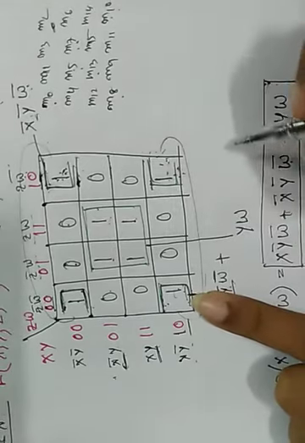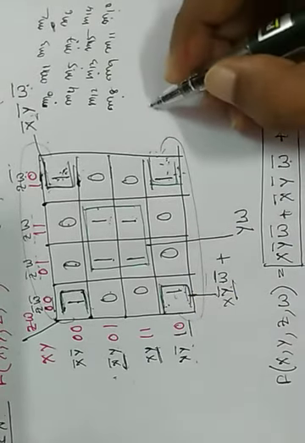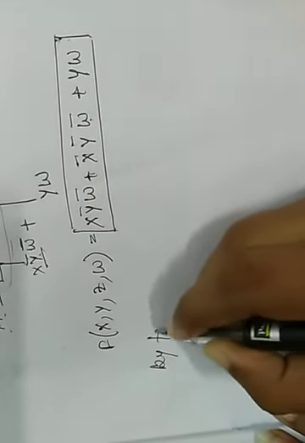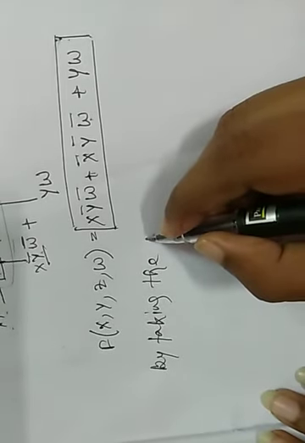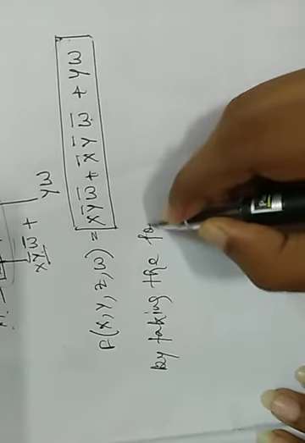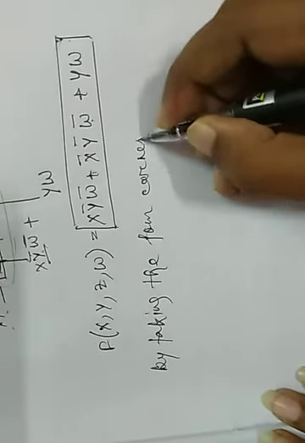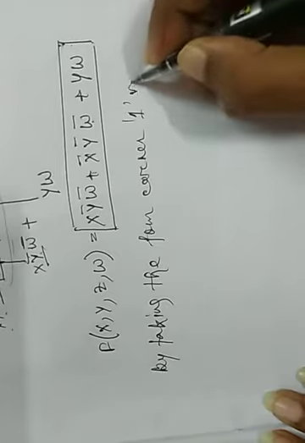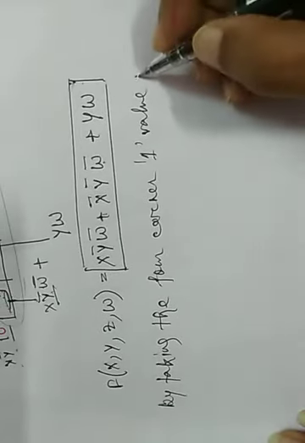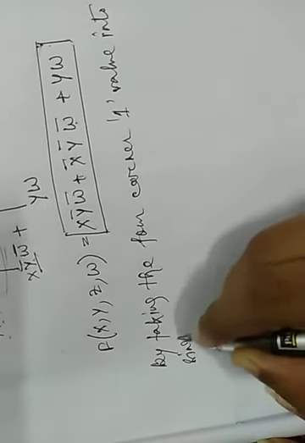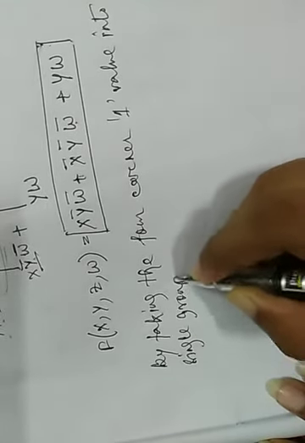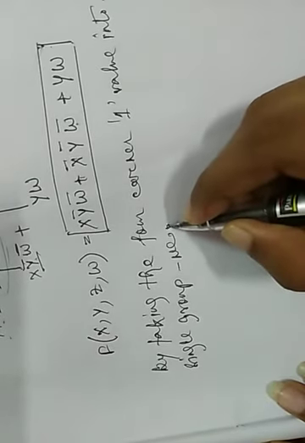So at first, by taking the four corner one values into a single group, we get the following.